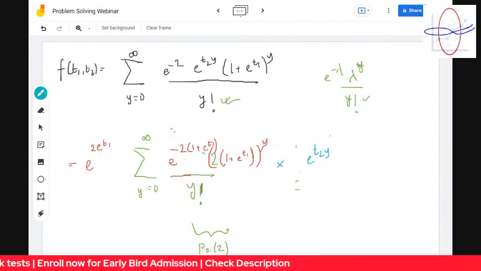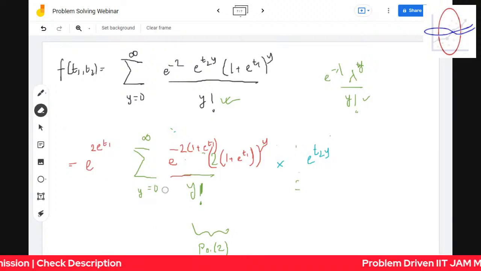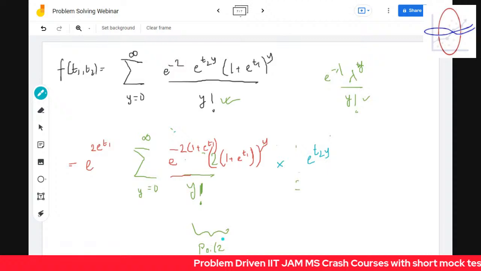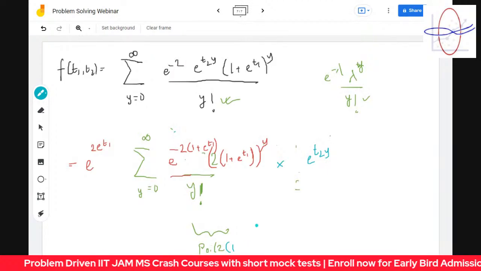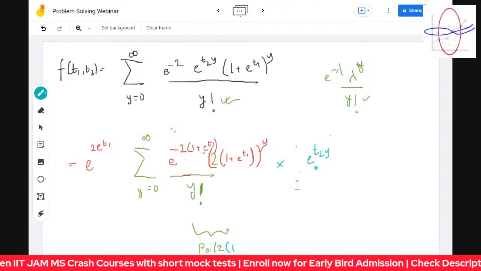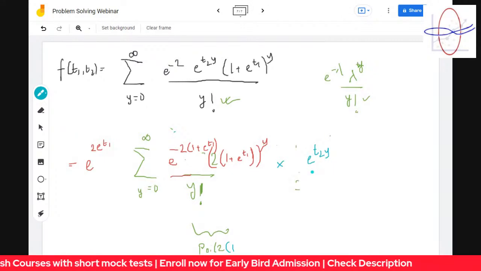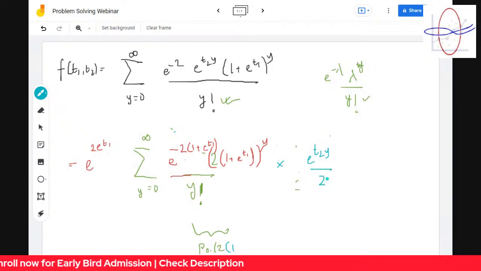So y doesn't follow this, but y rather follows 2 into the value from the denominator, to the power y. Here, this one.